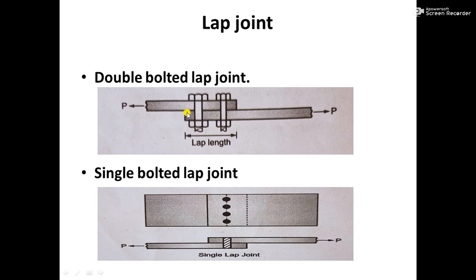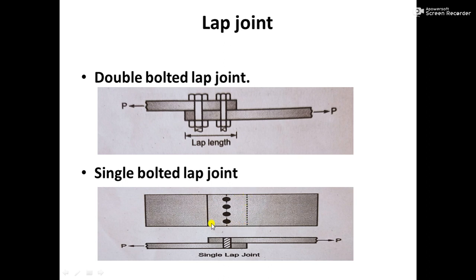The distance between the edge of one plate up to the edge of another plate is known as lap length, as shown in the figure. In single bolted lap joint, this is the first plate and this is the second plate.